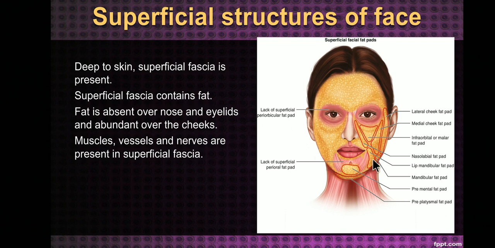The facial nerve is the motor nerve of the face, and the skin is supplied by cutaneous innervation, which is also very extensive and profuse. There is no deep fascia in the face except over the parotid region, which covers the parotid gland.